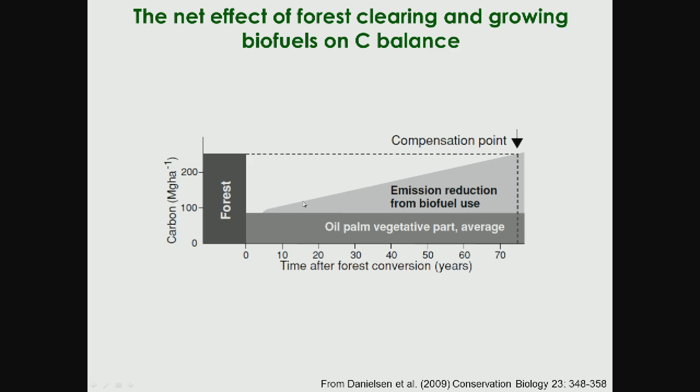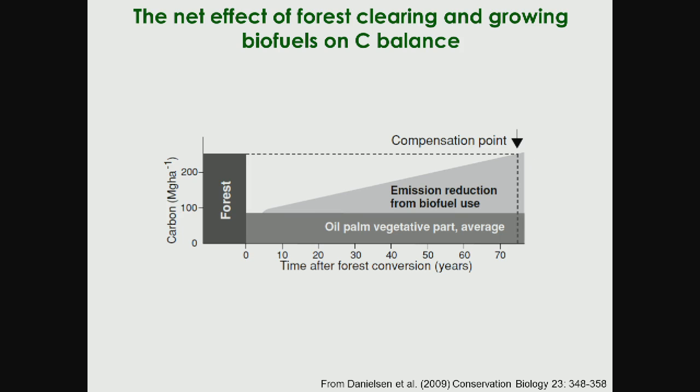But we do actually need to consider the loss of carbon from the removal of this forest, so there's substantial carbon loss from this land use change, and it's been estimated that for the case of an oil palm crop, it'll take about 70 years to compensate for this initial loss of carbon through this land use change.